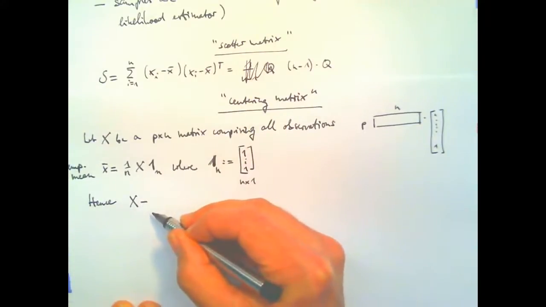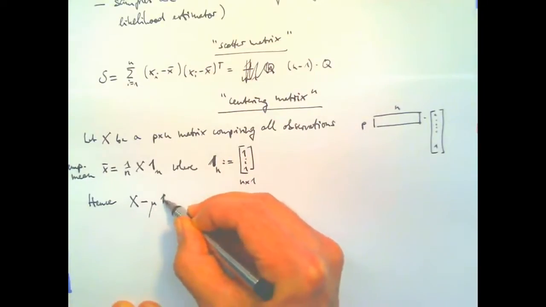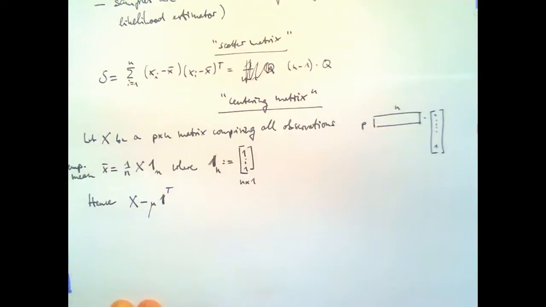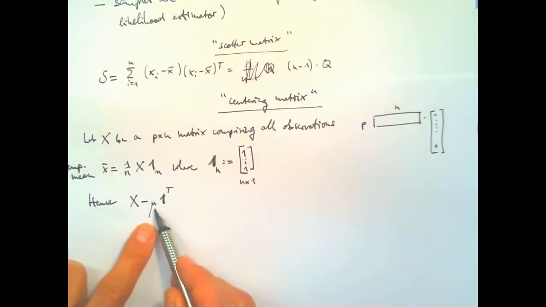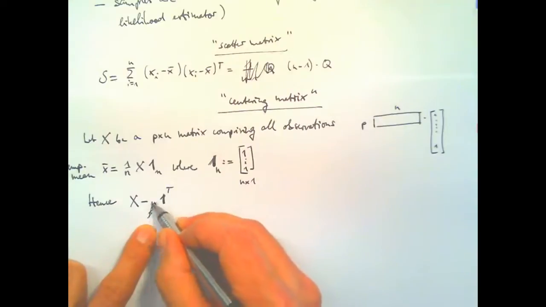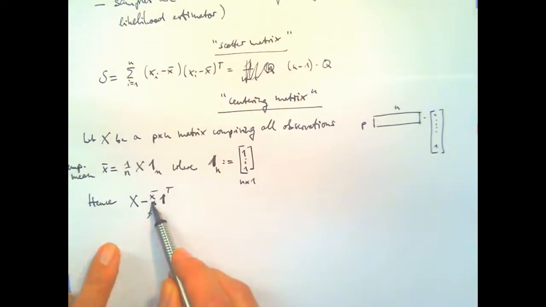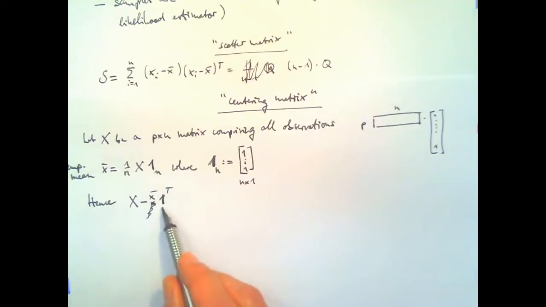Where I can write the following. So what is this thing here? Sorry, now I've written mu where before I wrote x bar. So I've taken my mean vector and I have replicated it n times.